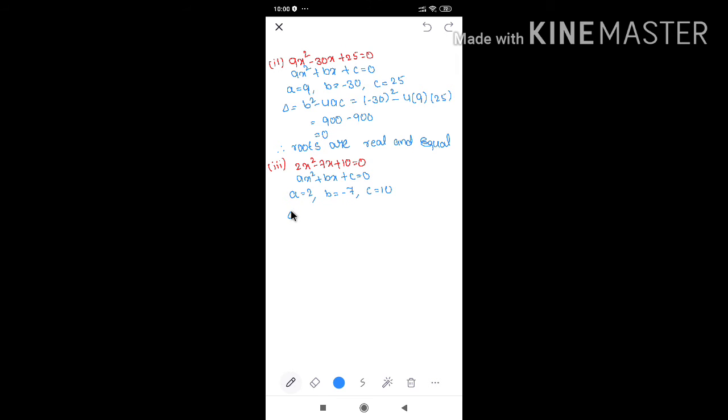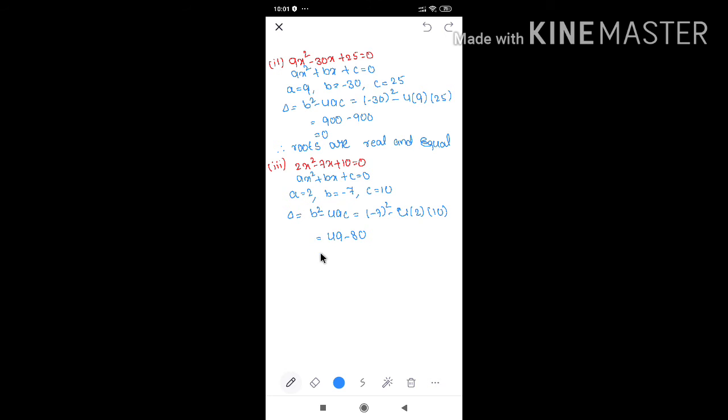So delta is equal to b² − 4ac, which is (−7)² − 4 × 2 × 10. 7 square is 49 minus 4 twos are 8, 8 into 10 is 80.